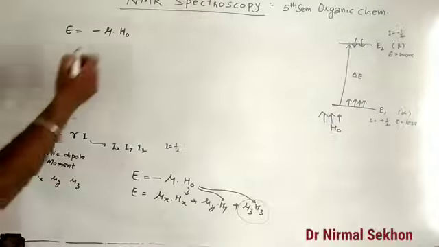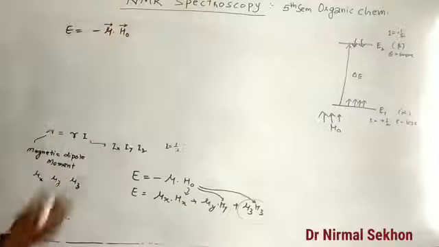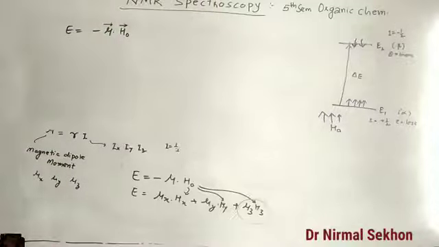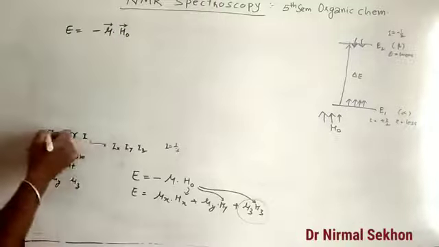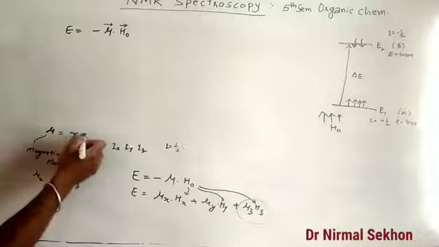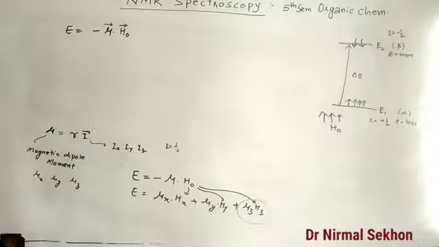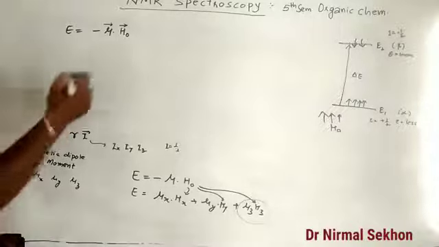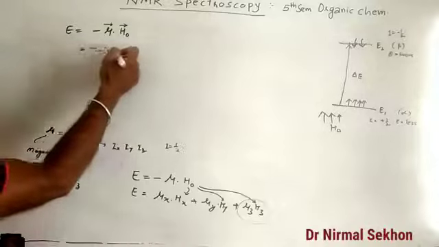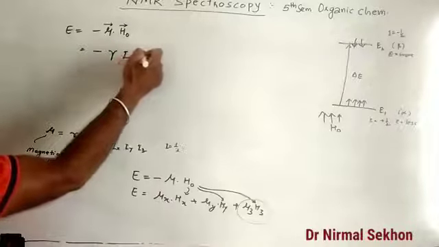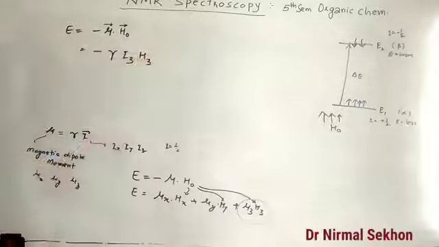Both are vector quantities. We may replace mu by gamma I, so you can write here minus gamma Iz Hz.